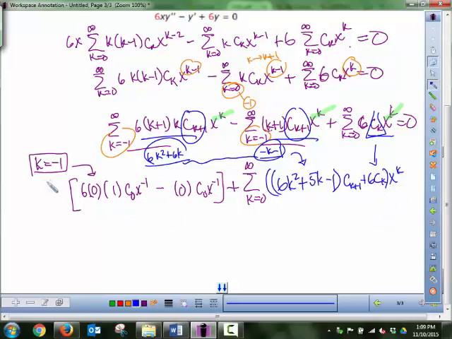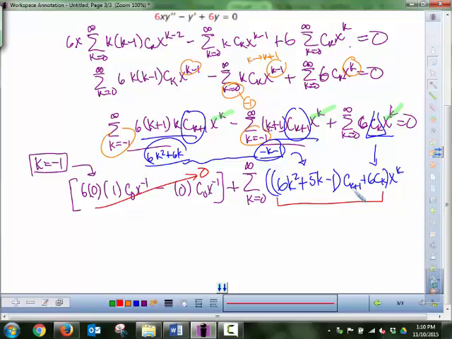So when k is equal to negative 1, that whole thing is equal to 0. We don't need to worry about this. Now, when k is 0, k is 1, k is 2, we're going to find a relationship between our values here. In general, you want to take this relationship and solve for the larger c sub k value.